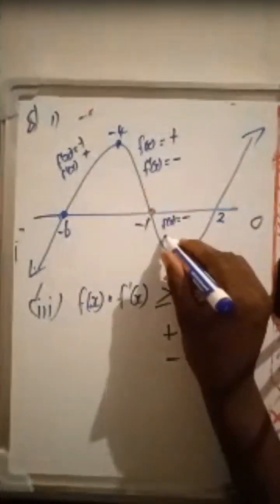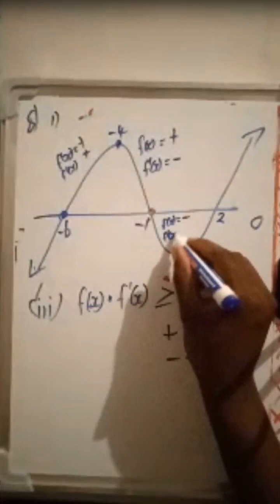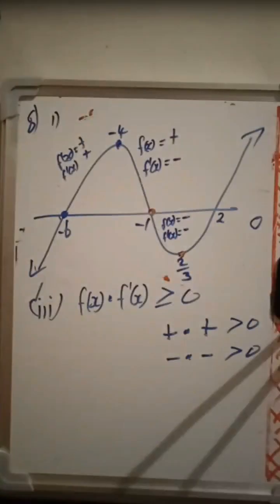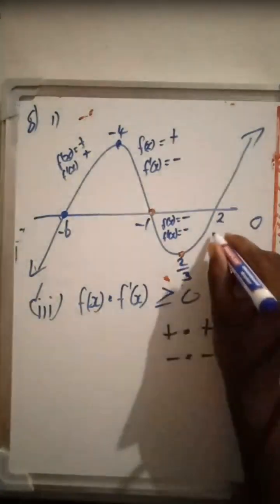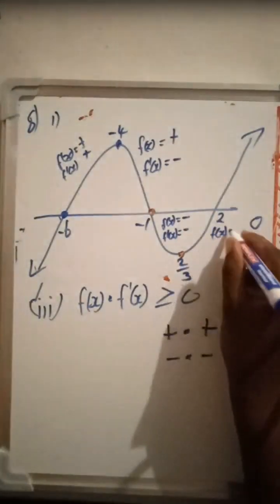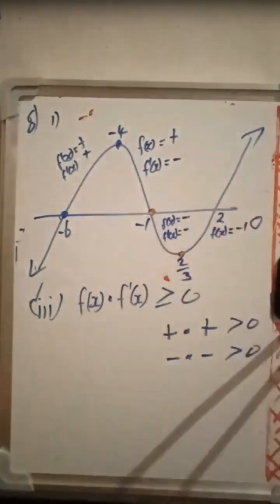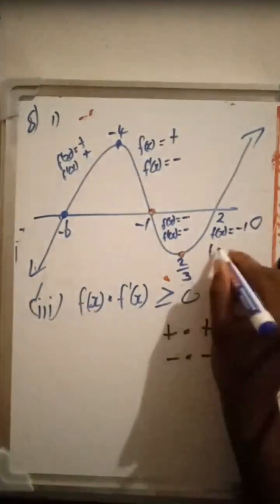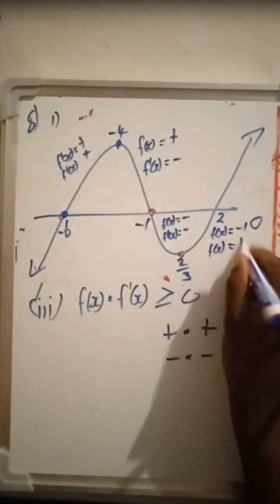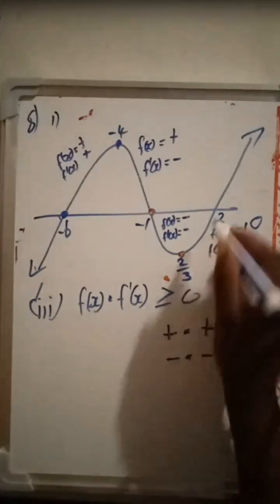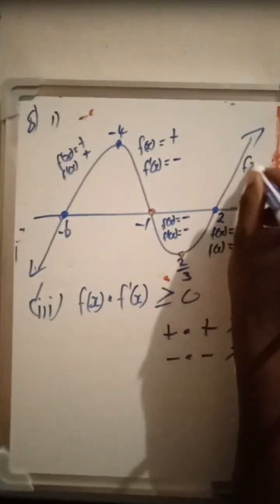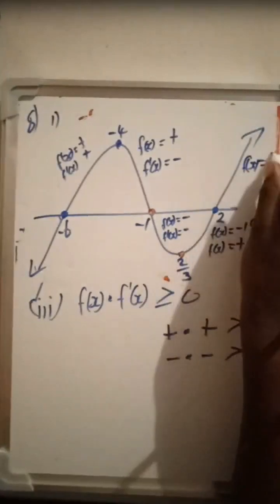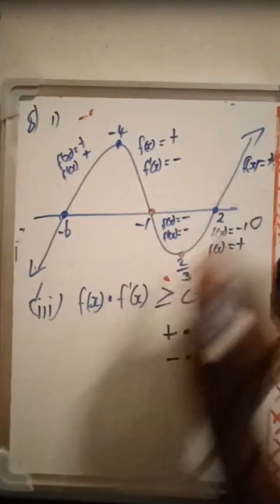And the gradient is negative. Okay? But from that point to the other point, f of x is negative because it's still under the x line, but the gradient is positive. Then from here, going onwards, you can see that f of x is positive and also the gradient is positive.